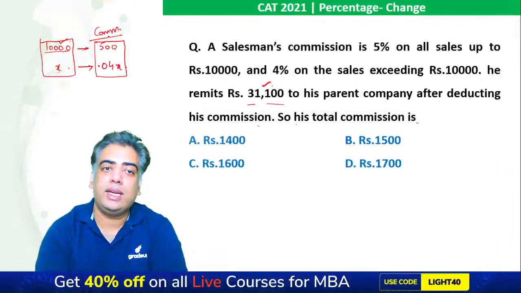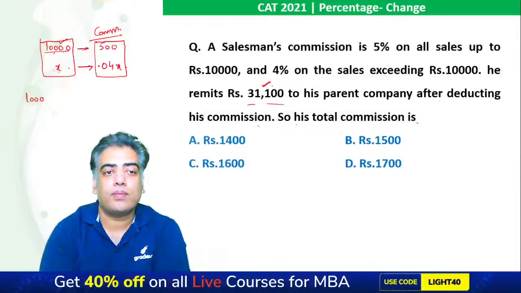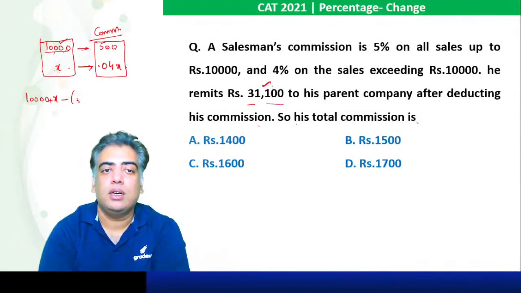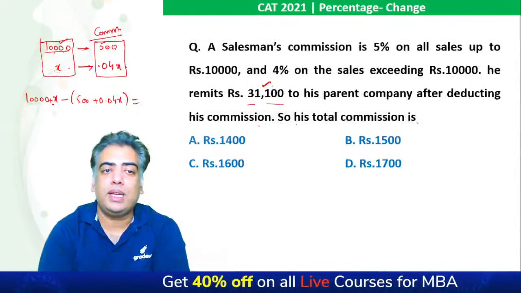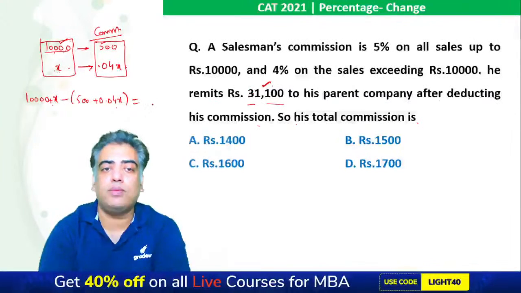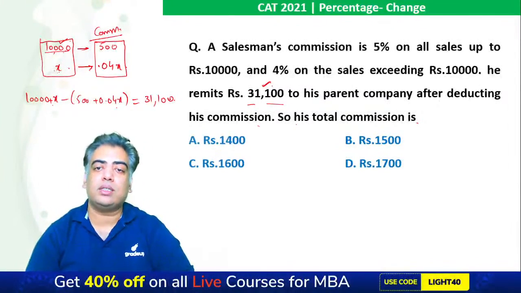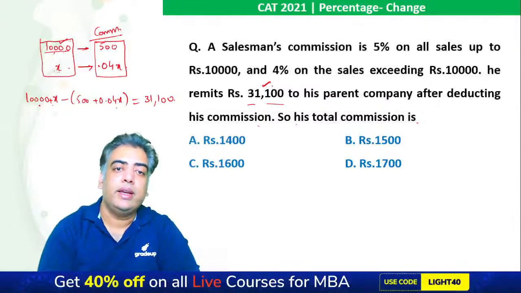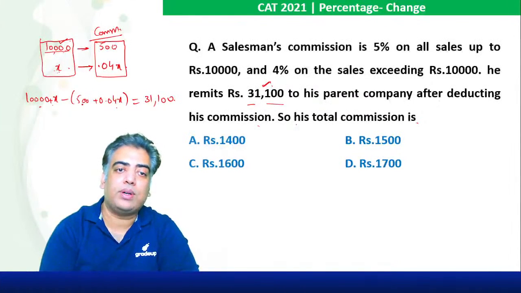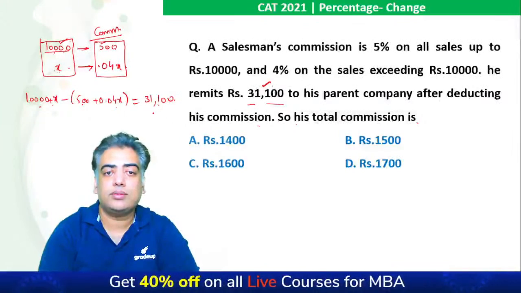So the amount he is supposed to pay back to the company will be 10,000 plus X minus the commission part, which is 500 plus 0.04X. And given to me is that he paid an amount of 31,100 to the company. Now by solving this equation, we can find the value of X. So here I can say 10,000 minus 500 is 9,500, which will be subtracted out of this.